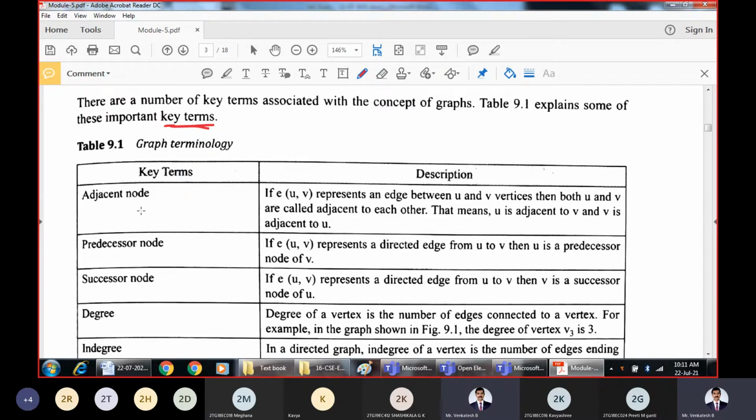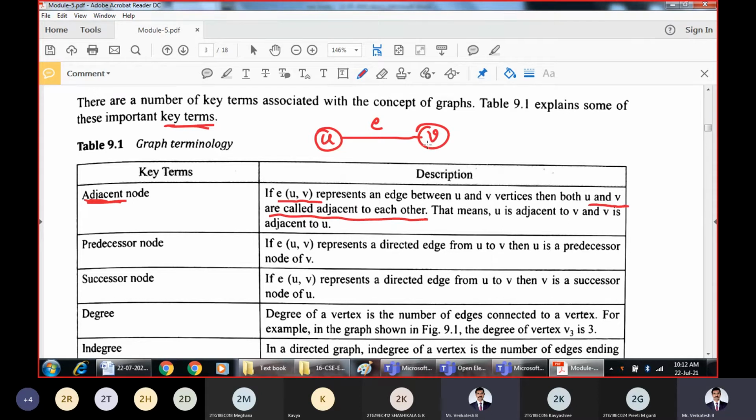Adjacent node. As the name itself says, it is a neighboring node, an immediately neighboring node. If there is an edge E of UV, that means it is an edge from U to V. If E of UV represents an edge between the U and V vertices, then both U and V are called adjacent to each other.